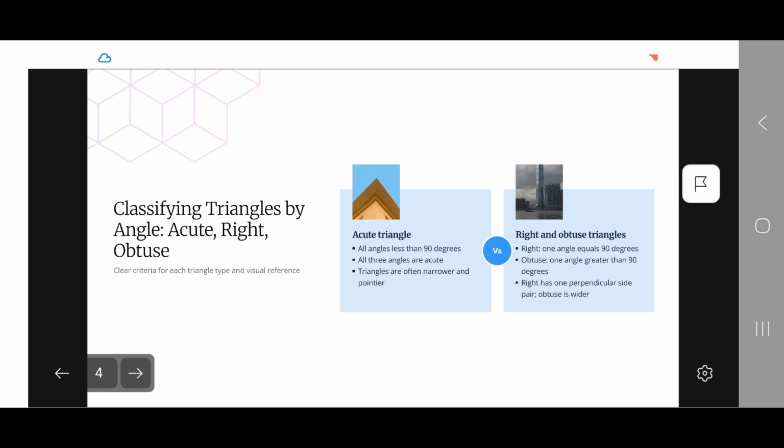So 60 degrees is less than 90. If a triangle has a 91 degree angle, it's obtuse. So right, one of them has to have a right angle, 90 degrees, and all others are 45.